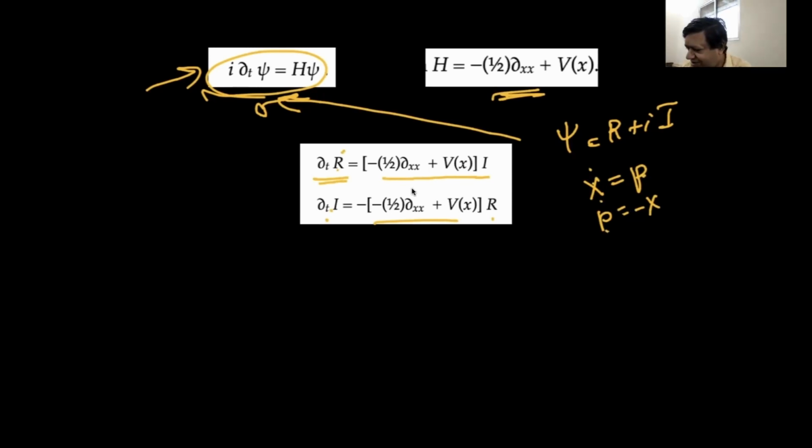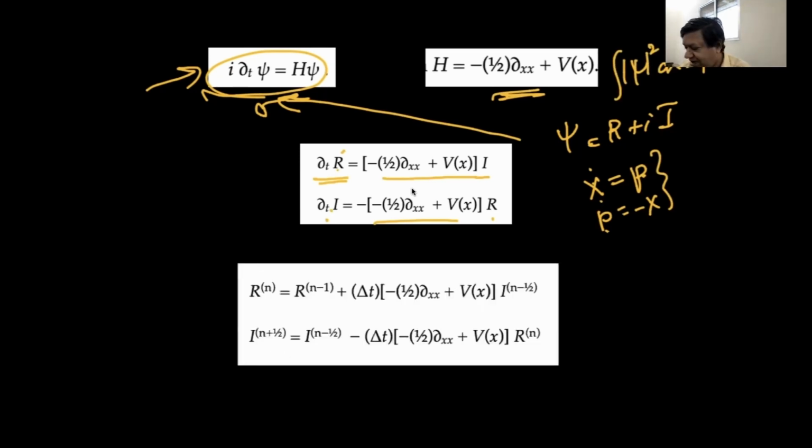For this we use leapfrog. Of course, we want the integral of mod psi square dx to be 1, conserved. Leapfrog is good for this. I think I have it in the next slide. So we have the real and imaginary parts of psi.